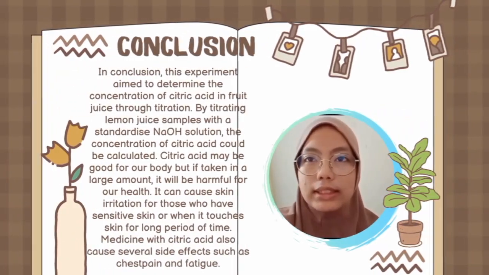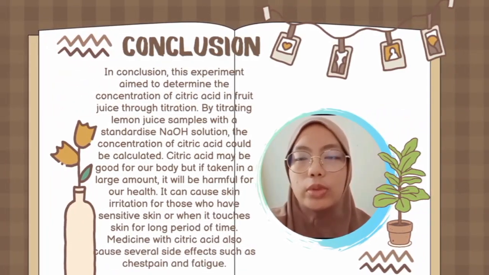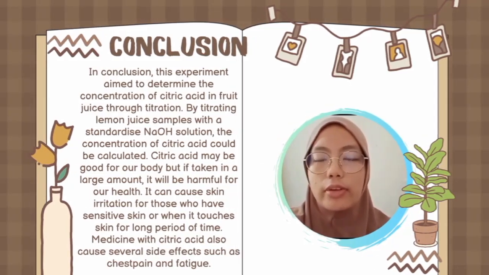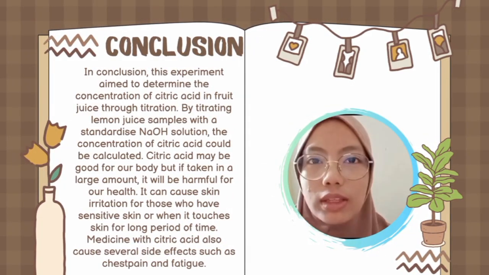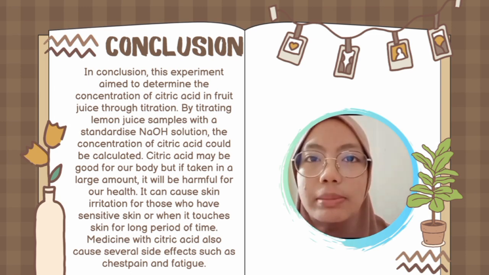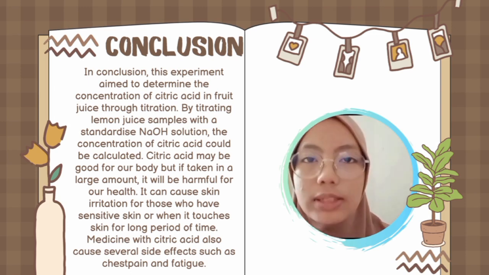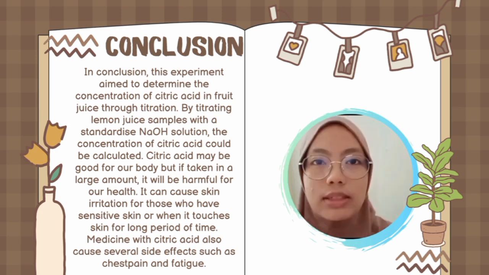In conclusion, this experiment aimed to determine the concentration of citric acid in fruit juice through titration. By titrating lemon juice samples with a standardized NaOH solution, the concentration of citric acid can be calculated.